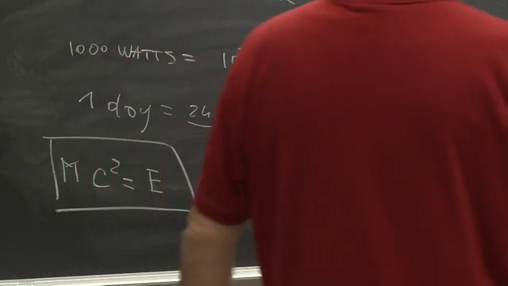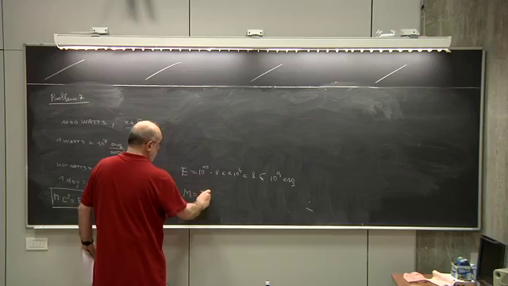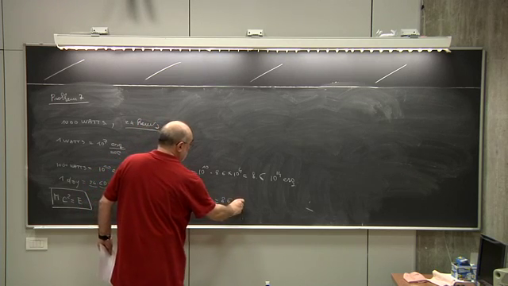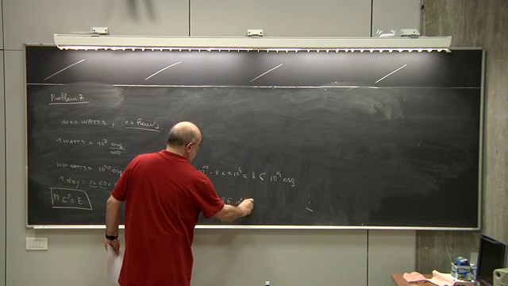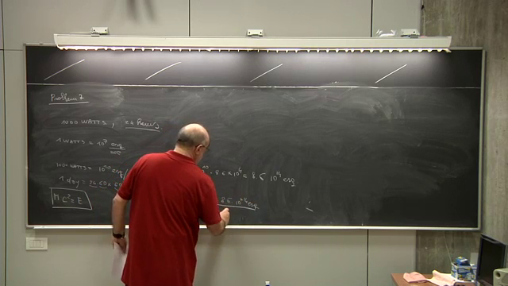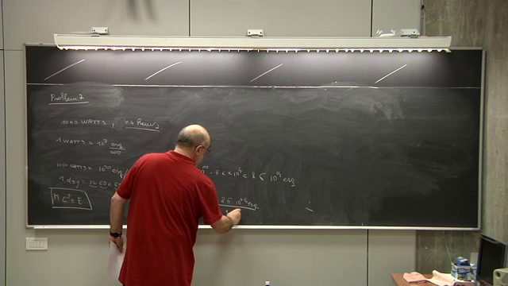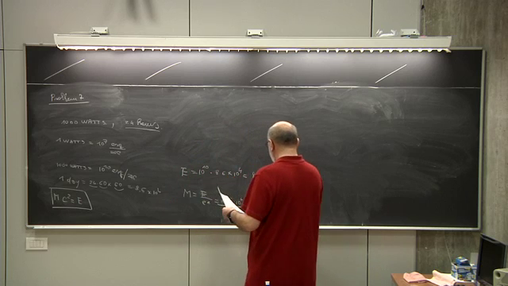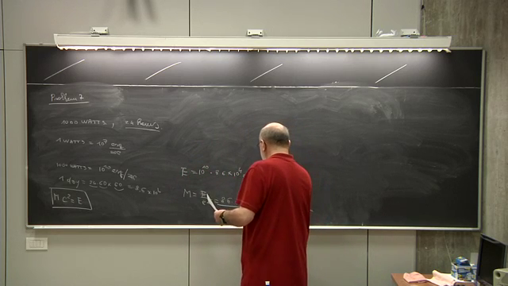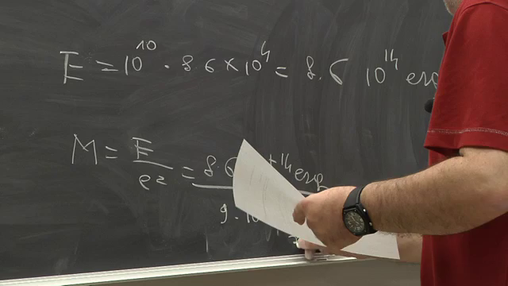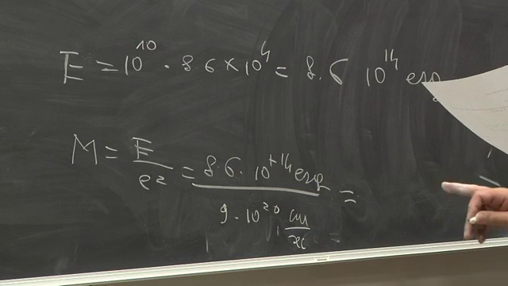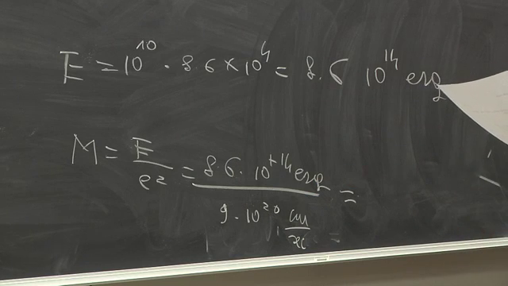Now the mass equivalent, you take E divided by c squared, so 8.6 times 10 to the 14 erg, divided by the velocity squared, that is 10 to the 20, centimeter per second. This is the number that one should get, but then it has to go into gram.